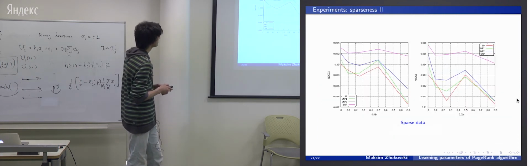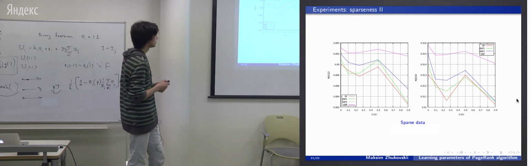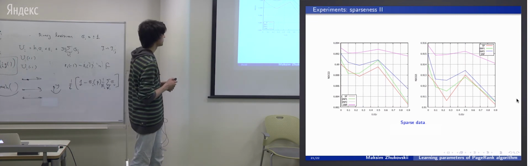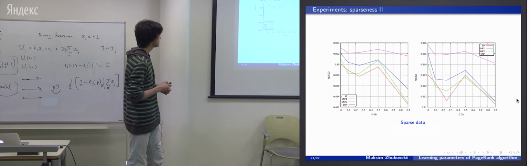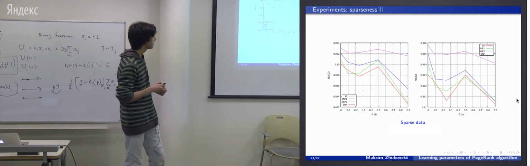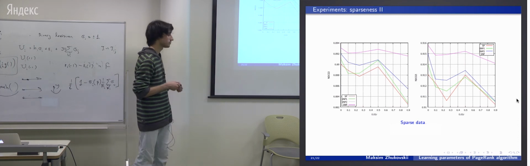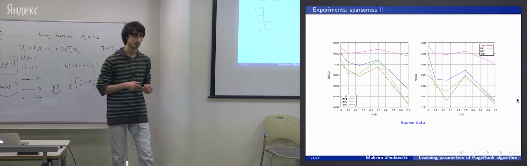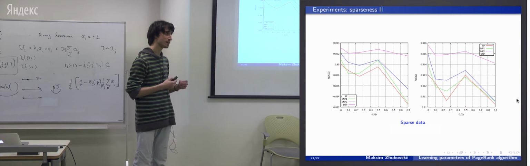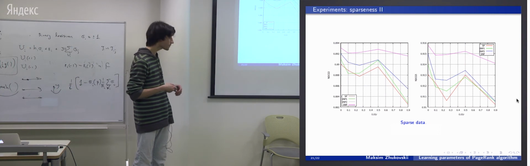Well, and here are the results. So the pink line is for supervised nested PageRank, the red line is for supervised PageRank, and the green line and the blue line are for two modifications of supervised nested PageRank. So here we do not wait for the convergence of the algorithm for computing the derivatives of the PageRank.